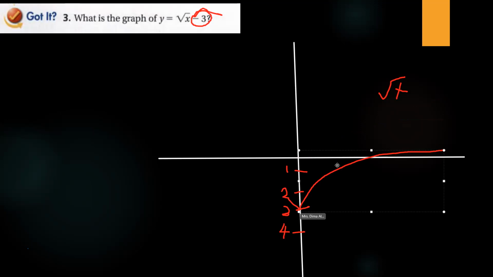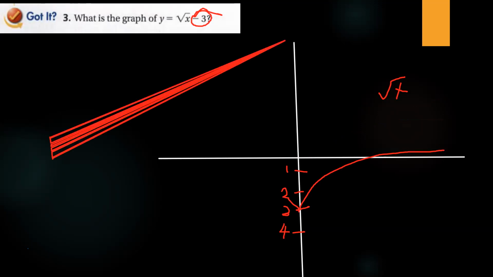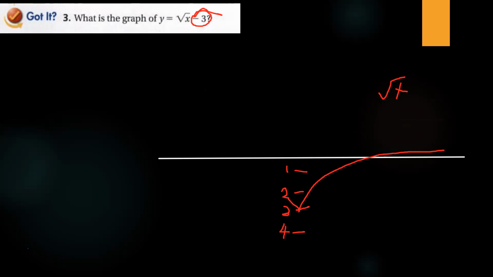So don't forget, if you see the square root of x and outside of the radical we have a number, what does it mean?